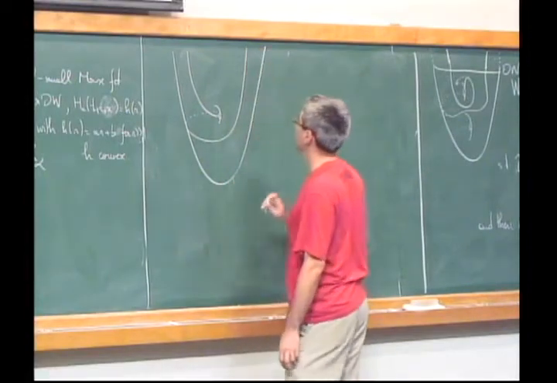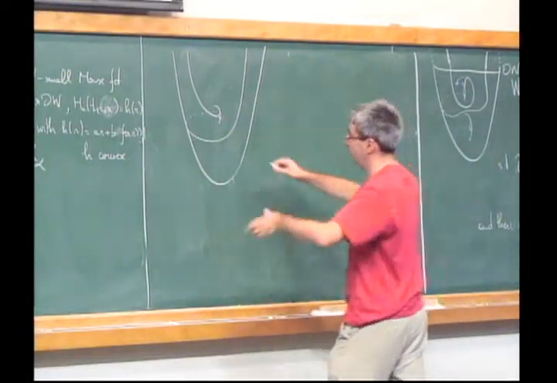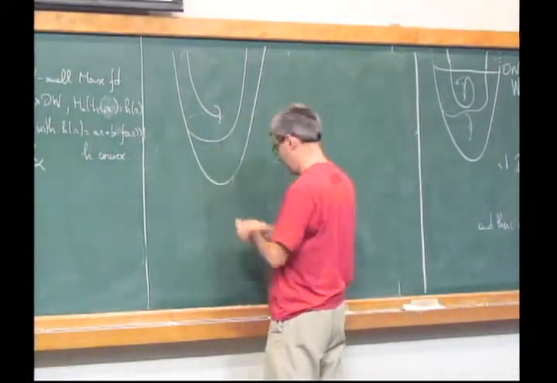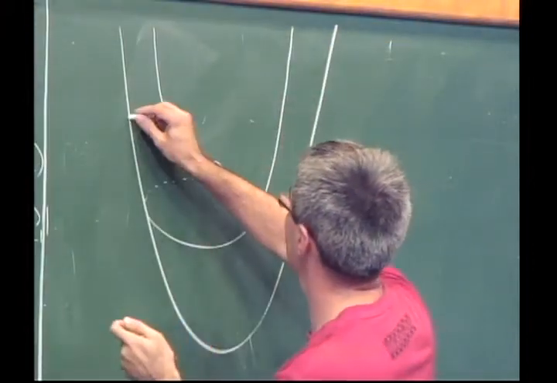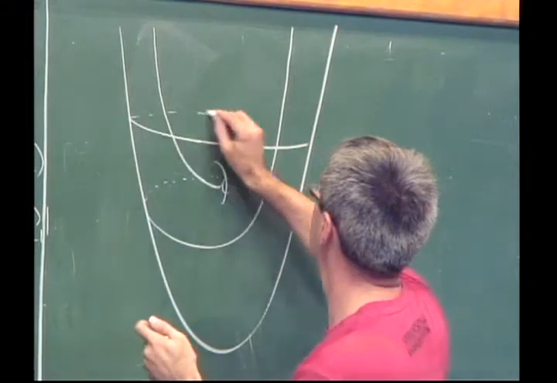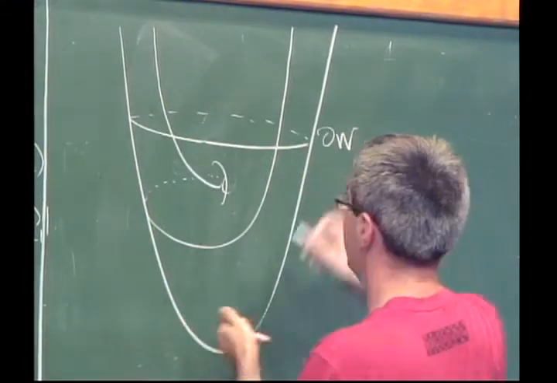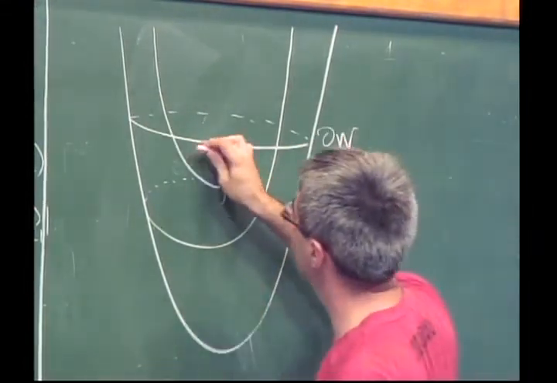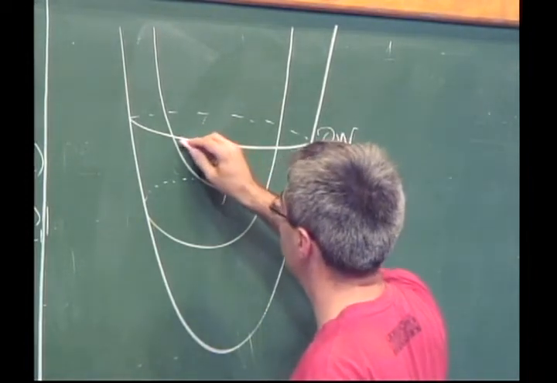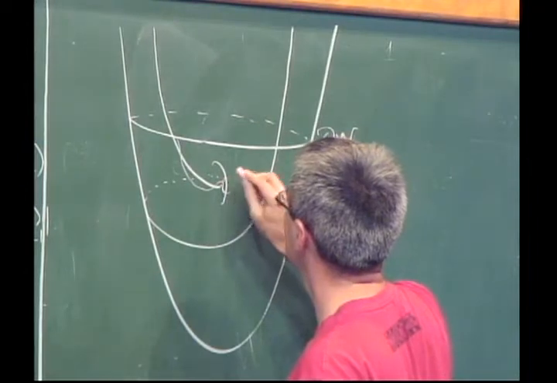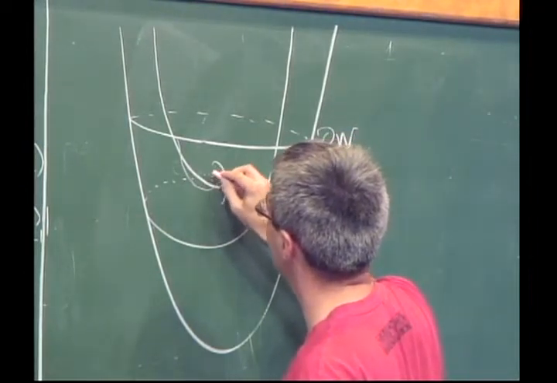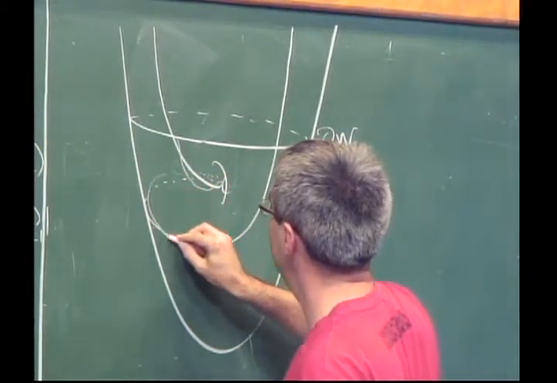In here my Lagrangian is changed just a little bit. This is the boundary. It's going to do something like this, and maybe intersect again once, very tiny.